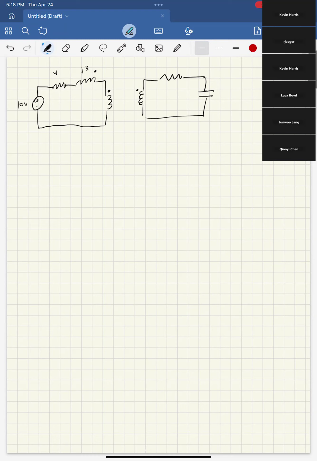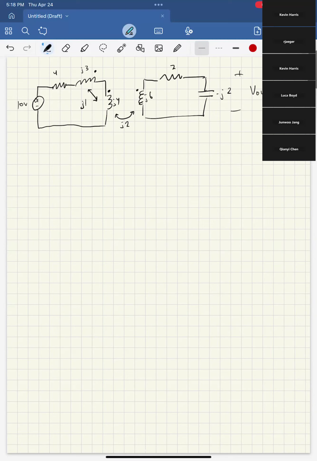Oh, it's just simplified. Okay. So between these two, we have a mutual inductance of J2, and between these two, we have a mutual inductance of J1, right? And then this thing's value is J4, this thing's value is J6, this is 2 ohms, and this is negative J2. And then we're looking for this V out, which is just the voltage of this capacitor.